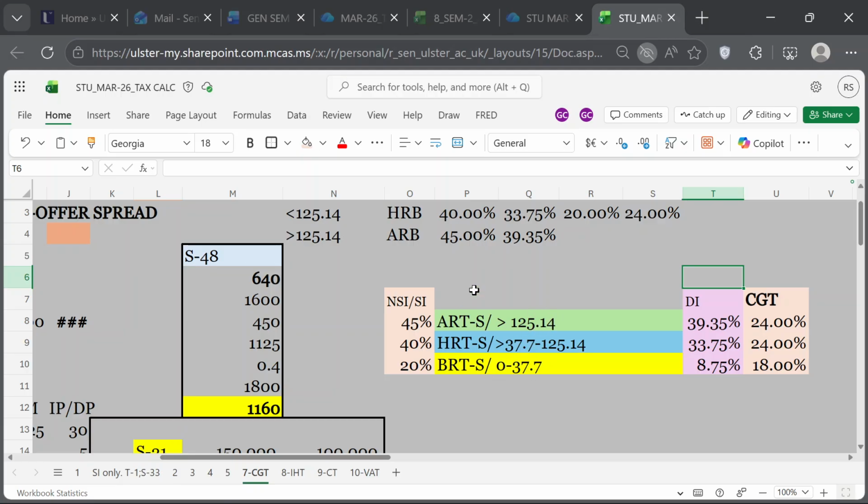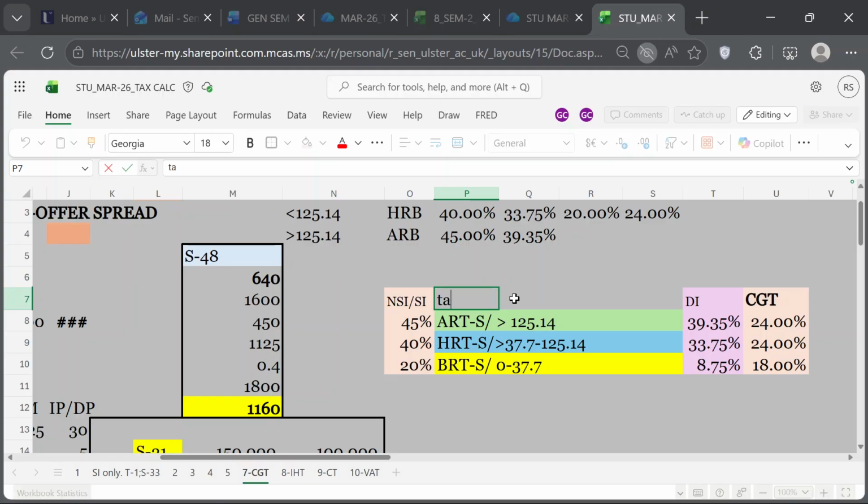Where is your taxable income? Here we talk mainly about your taxable income, and remember what taxable income is: taxable income, or TI, is basically your net income minus the personal allowance. That gives you the taxable income. So don't compare the net income to these numbers.